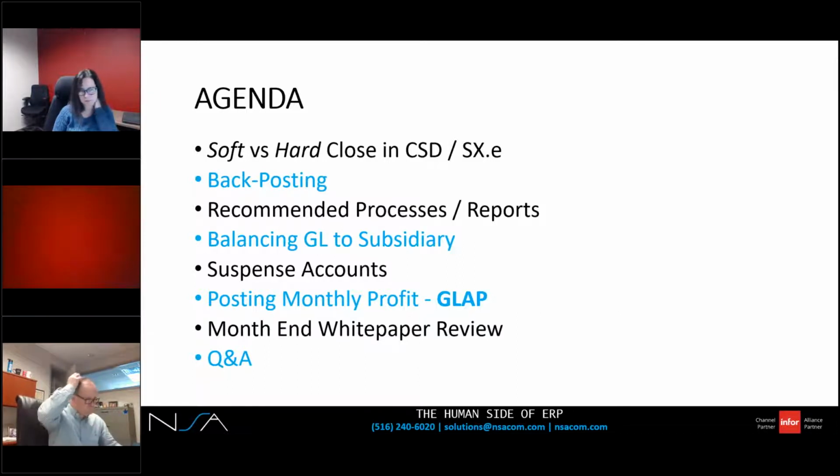We'll also cover balancing the general ledger to the subsidiary, which is a whole other set of topics and webinar in and of itself. Cleaning up the suspense accounts, monitoring them, paying attention to them. Posting the profit for the month using a process called GLAP.